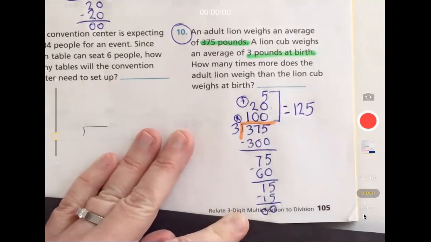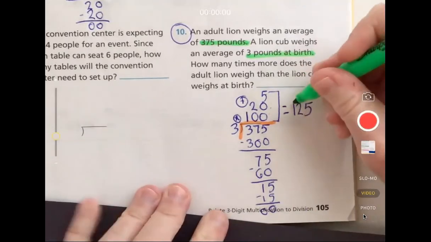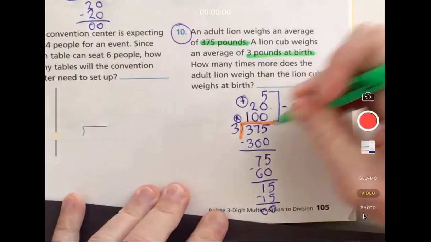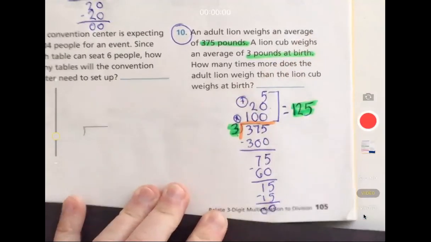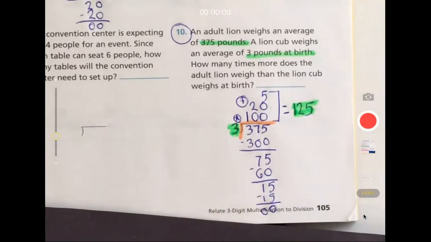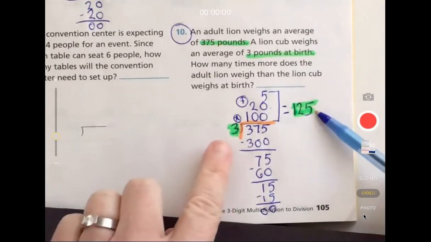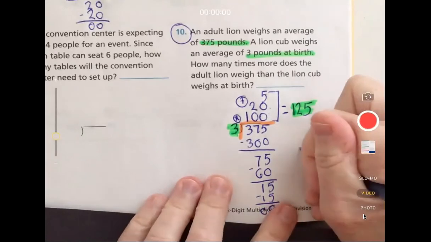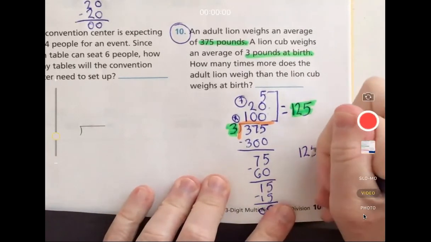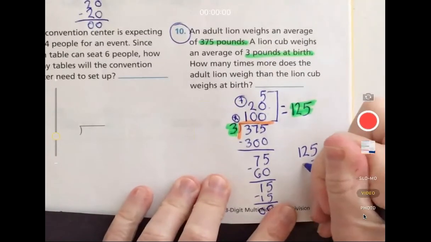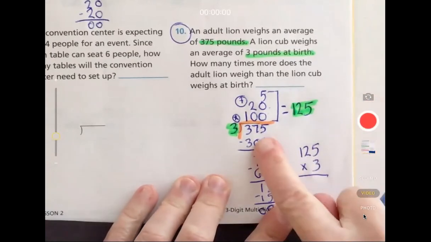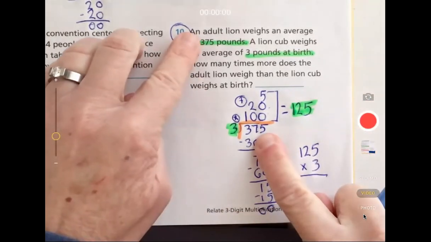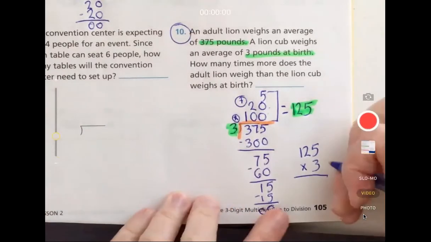So 125 is the missing factor. 3 was one of the groups. So remember, if we want to check, we should be able to multiply our 2 factors, 125 times 3, and we should get our quotient, 375.